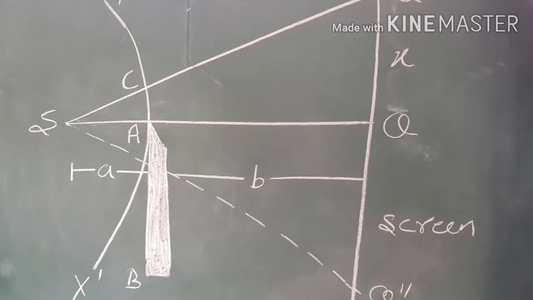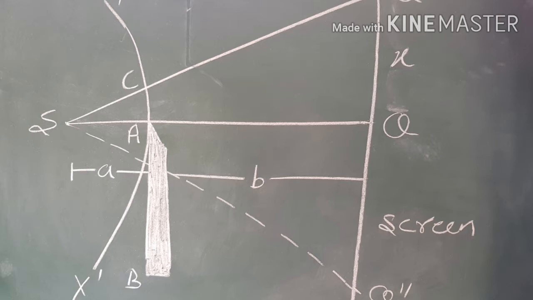Now we have to find the intensity at point Q dash. Q dash is in the illuminated region. Here we find the condition for maxima and minima. The intensity at Q dash depends upon how many half period zones are present. So we have to find the position of maxima and minima at point Q dash.